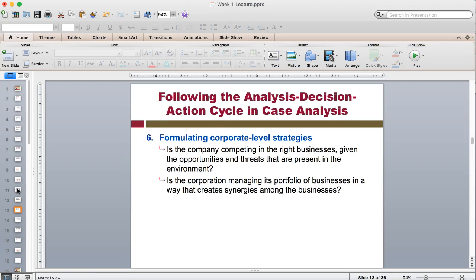Corporate level strategy asks a different question. It really asks the question of, are we competing in the right businesses? In other words, if we're in the athletic shoe business, should we also get into the t-shirt and sweatshirt business? Are we in the right businesses? Apple is now getting into gaming.